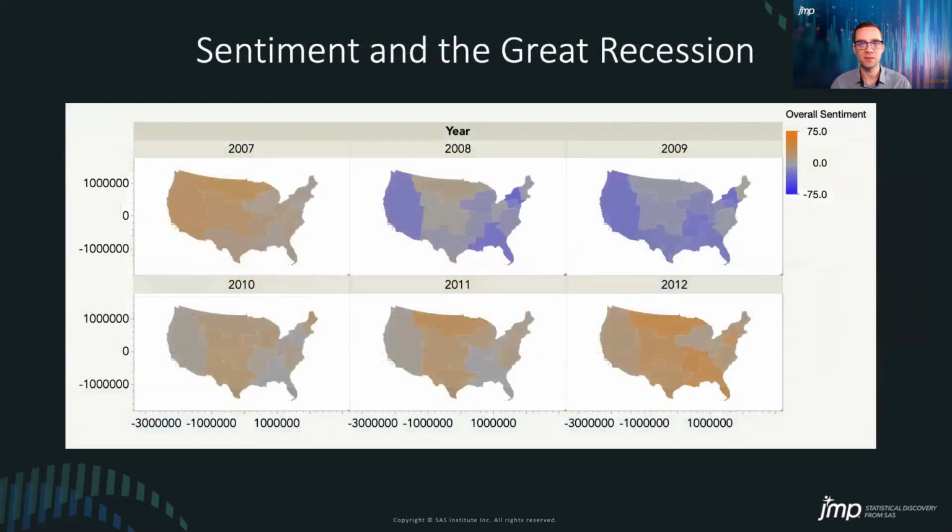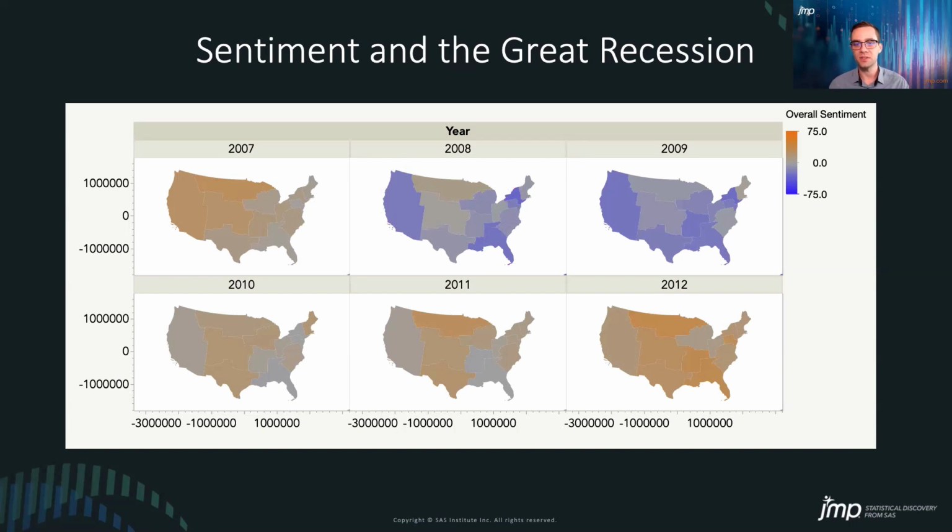And we see something similar with the Great Recession. We see the crash of the housing market in 2008 corresponding with a drop in sentiment, and not uniformly. It looks like the biggest drops were evidenced on the West Coast, so that's the San Francisco region again, the New York region, and also the Atlanta region, which includes Florida, where I live, which was a particularly hard hit area of the country.